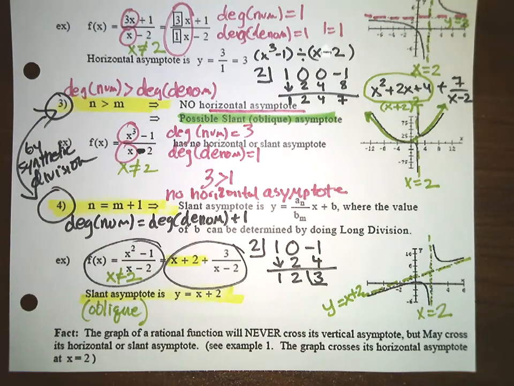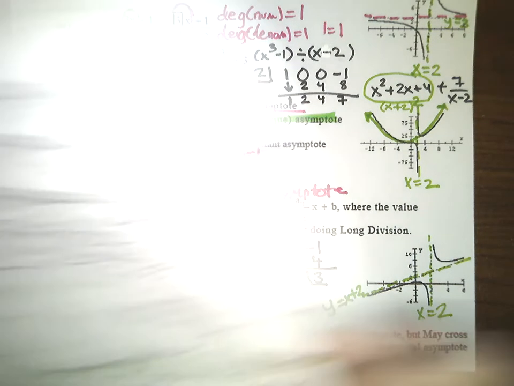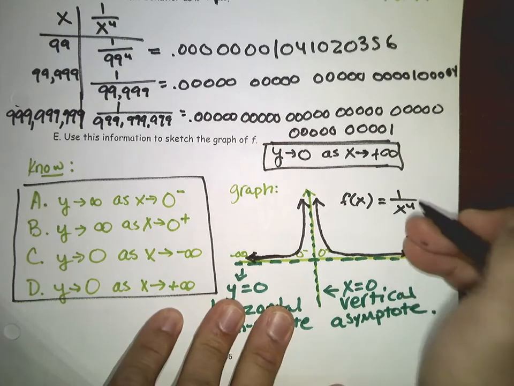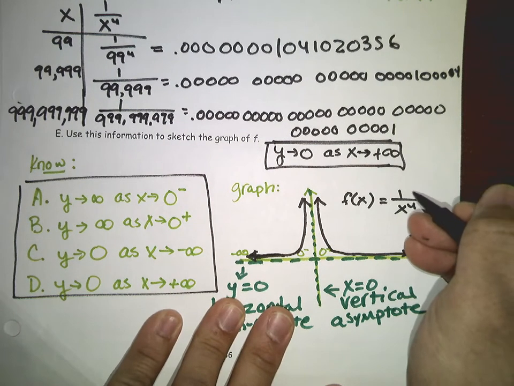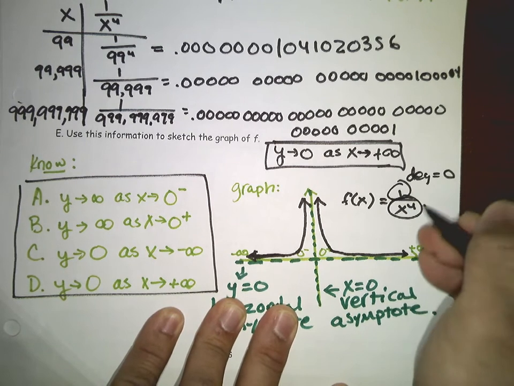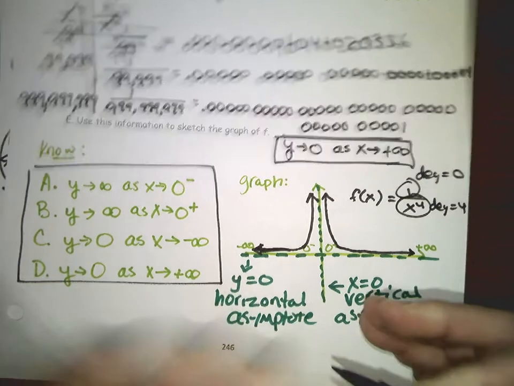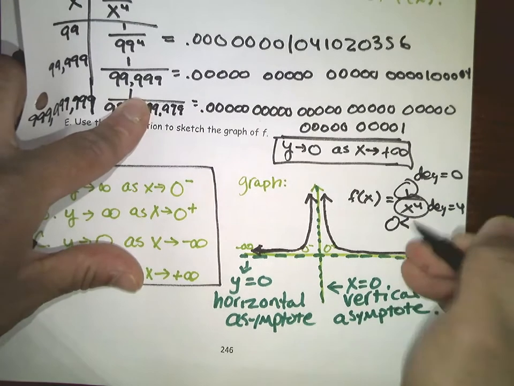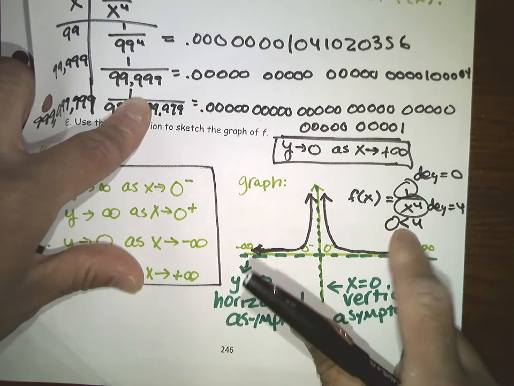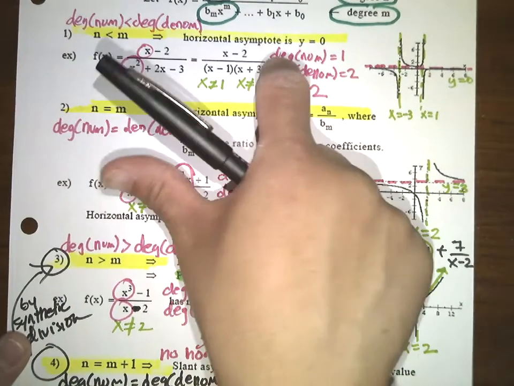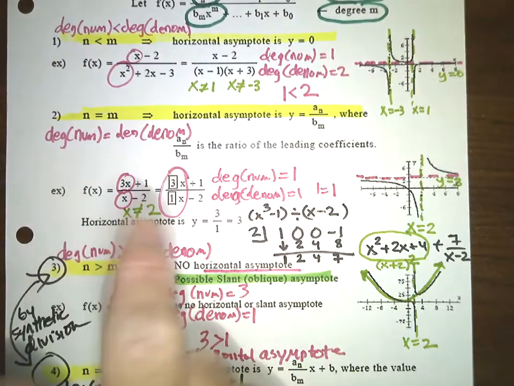So even if I look back at the one that we were doing for the first example, f of x is 1 over x to the fourth, the degree of the numerator was 0, the degree of the denominator was 4, and I knew that because 0 is less than 4, I automatically should have a horizontal asymptote of y equals 0, which I did.